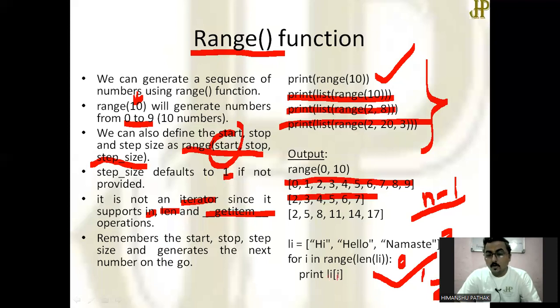So li of 0 will print hi. li of 1, the 1st position, hello will be printed. And li of position 2, namaste will be printed. So by doing this, you can use the range function. Clear?